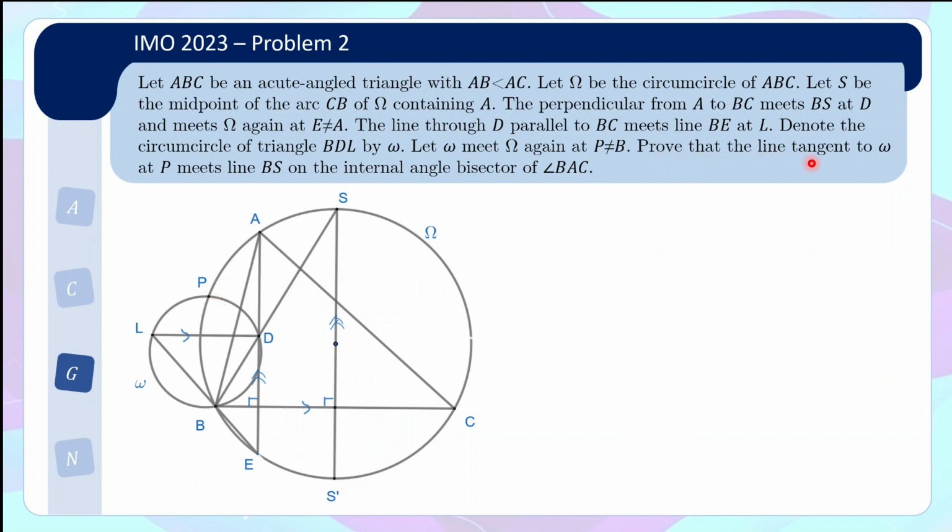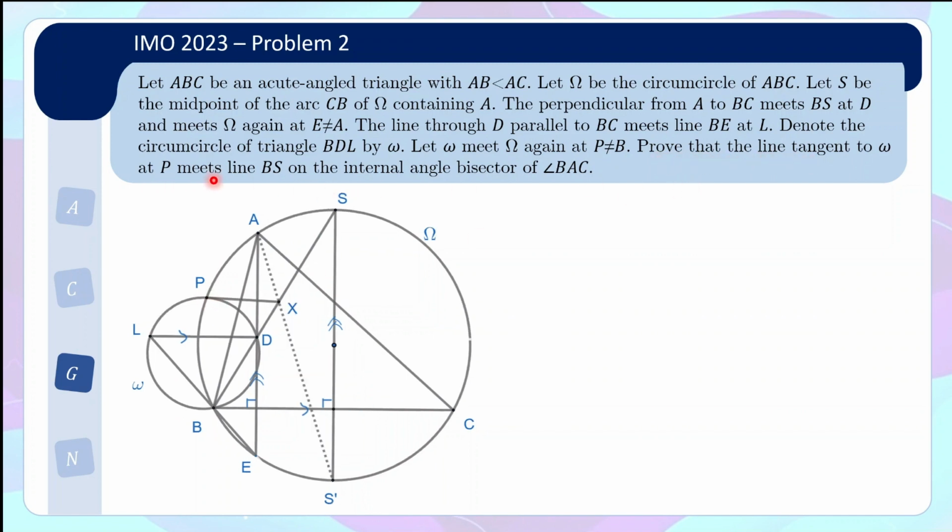Prove that the line tangent to omega at P meets the line BS on the internal angle bisector of angle BAC. So this is the tangent at point P. It meets the line BS at a certain point, which I call X. And we are supposed to prove that X lies on the internal angle bisector of angle BAC, which is the dotted line.